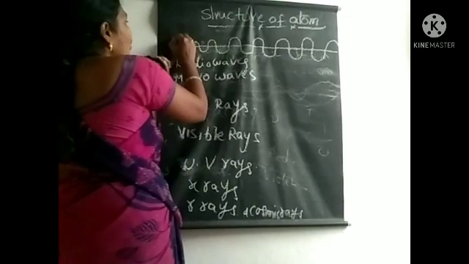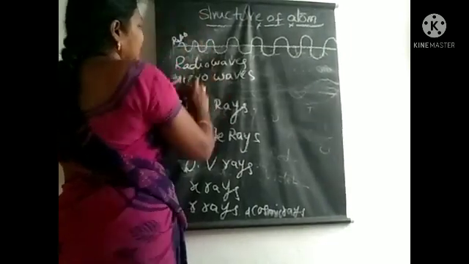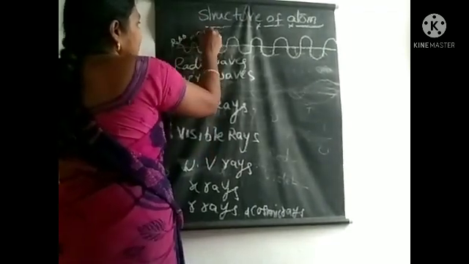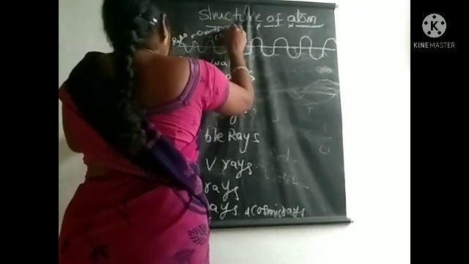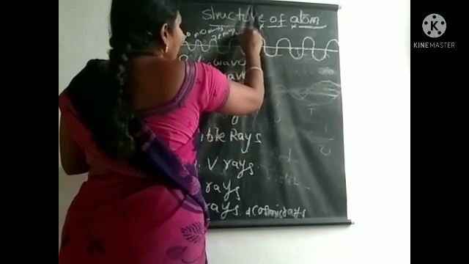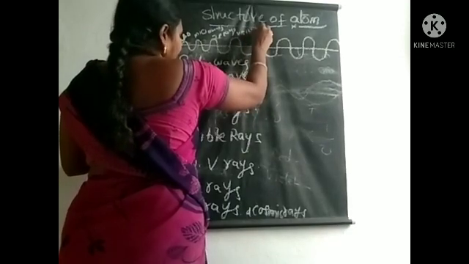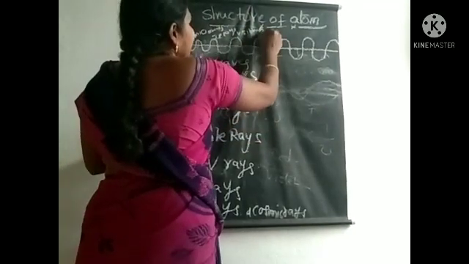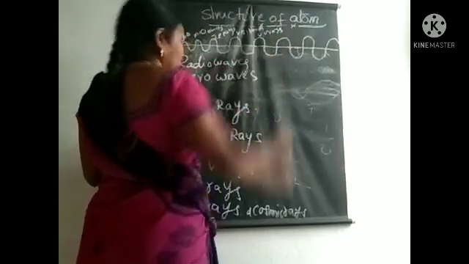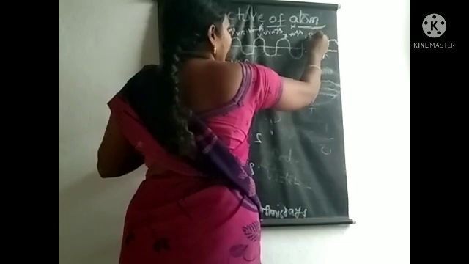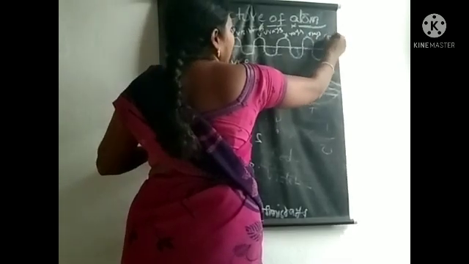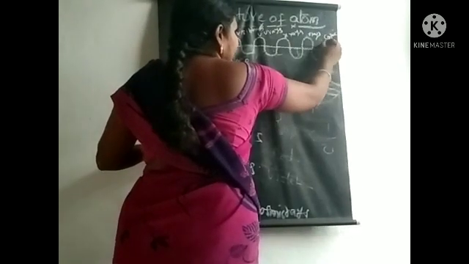First radio waves, then microwaves, IR rays, visible rays, UV rays, X-rays, gamma rays, and cosmic rays.